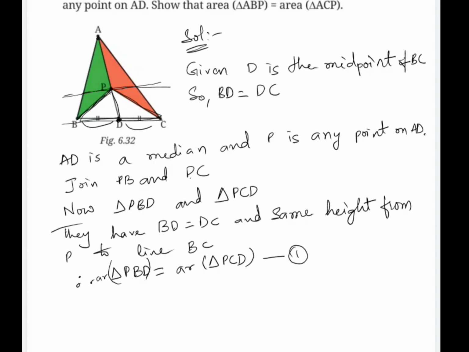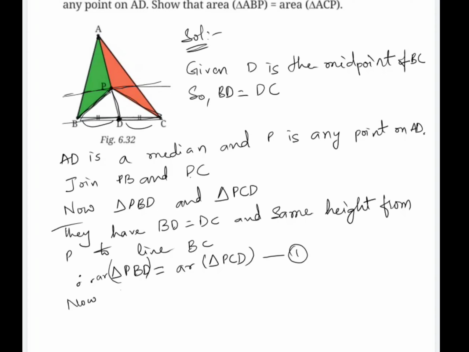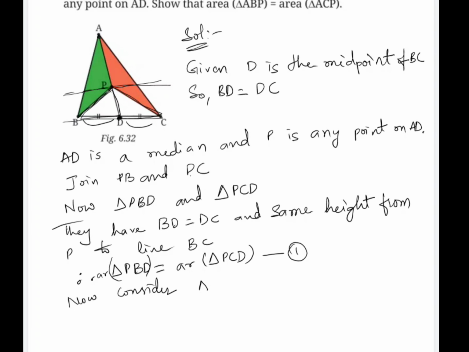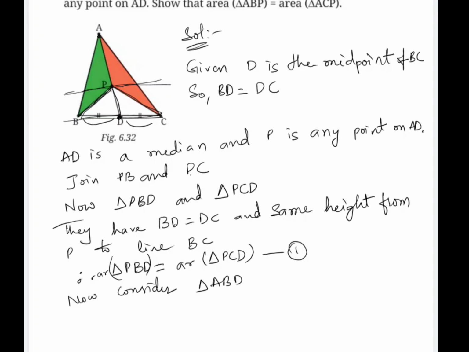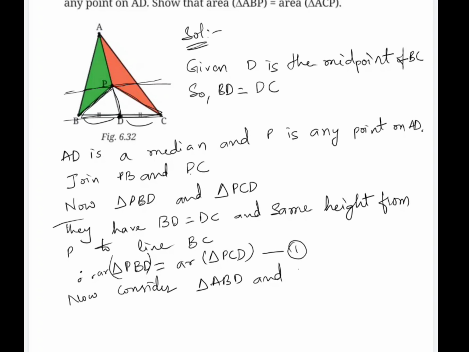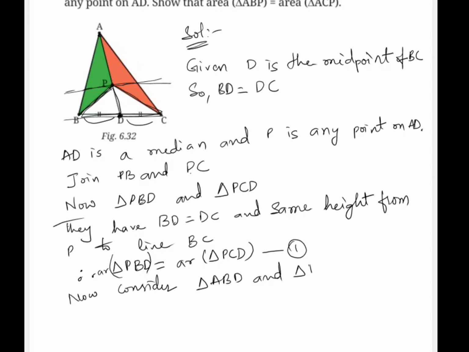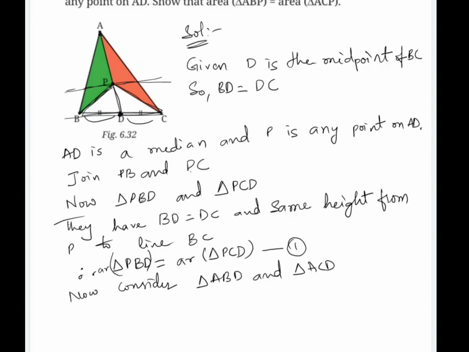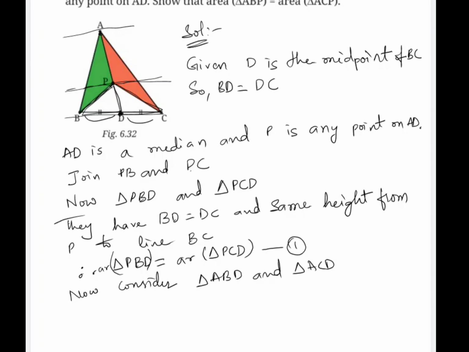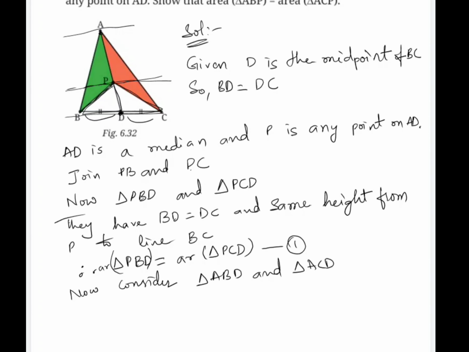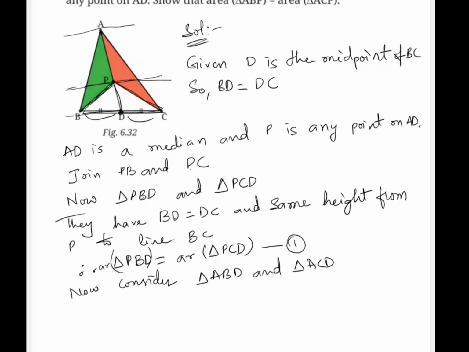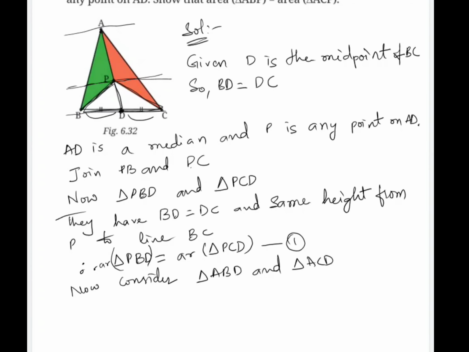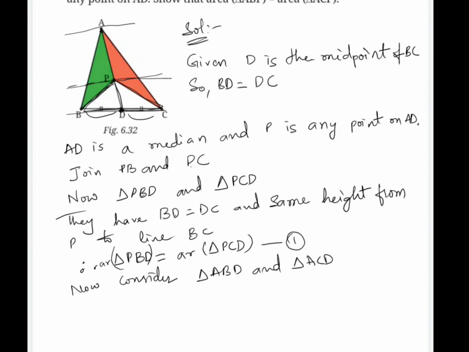Now let us consider triangle ABD and triangle ACD. So in these two triangles, again, now we are drawing from A to this base BC. Okay, so if we see that they are also having the same height, and the bases are also equal.